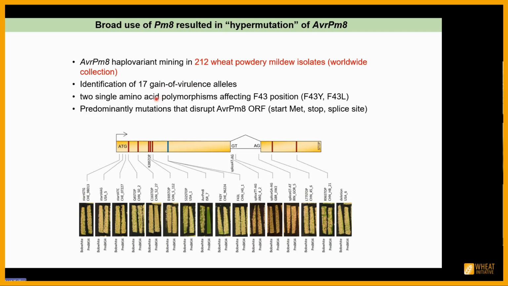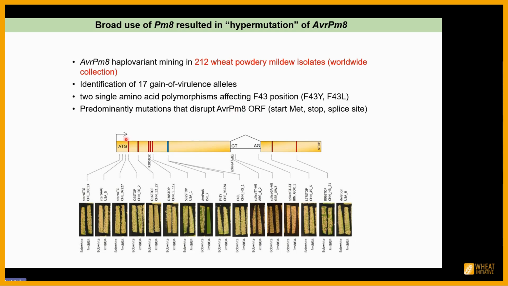And basically, there was only one amino acid which was changed in all this diversity, and that was always at this position 43, and there we find two independent mutations at this position, indicating that this is really a crucial amino acid. But what we found is basically mostly mutations that disrupt the open reading frame of AVR-PM8.